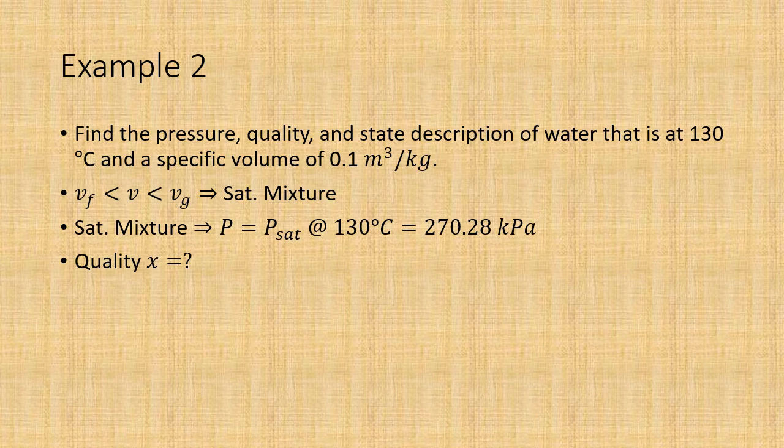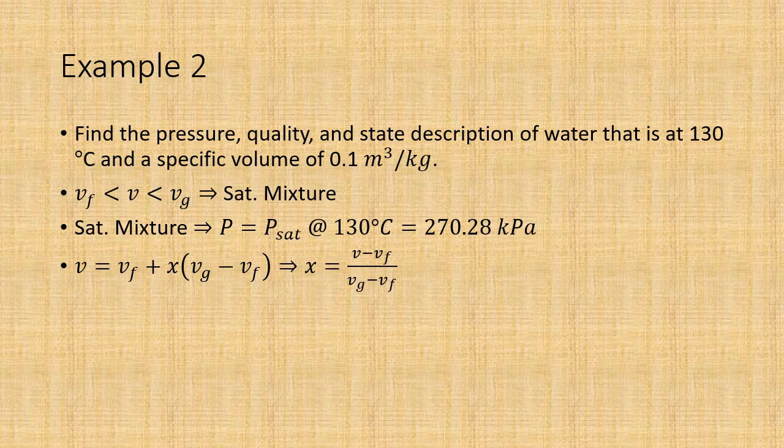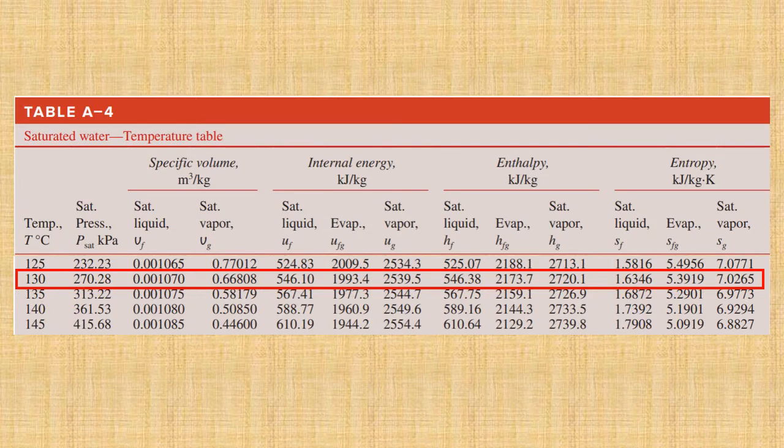For that, we will need to manipulate this formula for X. We already know V, we just need to get Vg and Vf. To find Vg and Vf, we go back to the temperature table and look across the row with the given temperature. Vf is under the Vf column and is equal to 0.001070 meters cubed per kilogram.